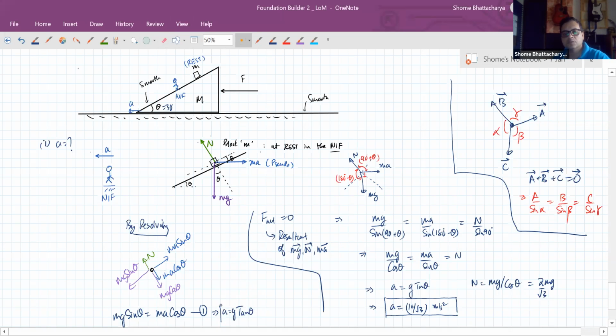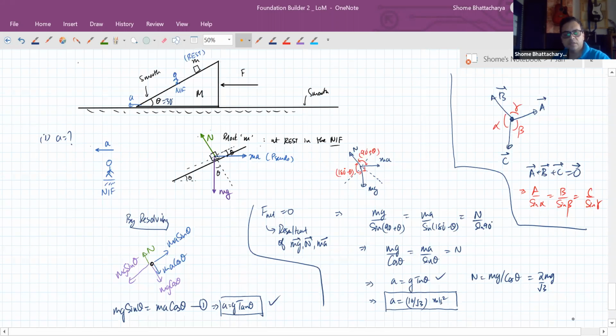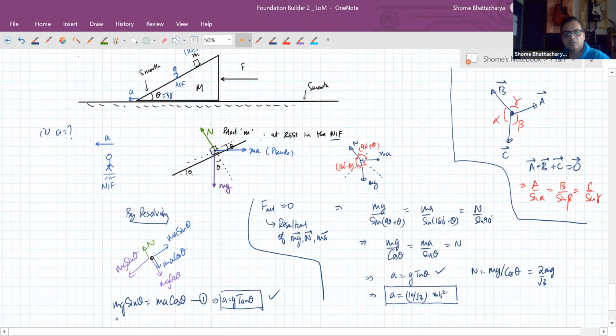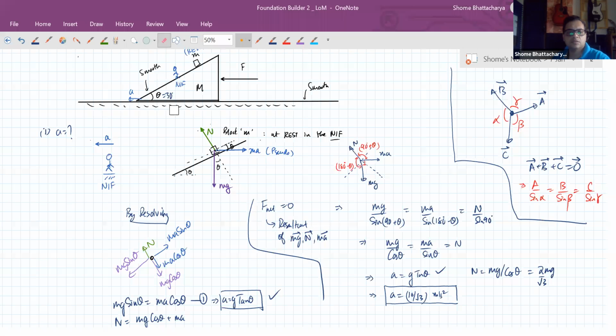Same thing as I've got here. And then you substitute this in the second equation, that normal reaction is equal to mg cos theta plus ma, sorry, this one will be the sine component. Just make a small correction here.